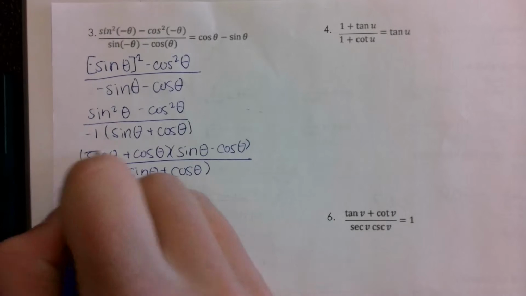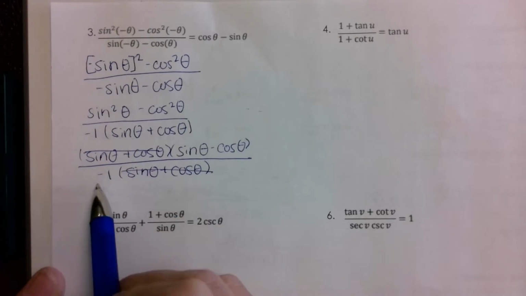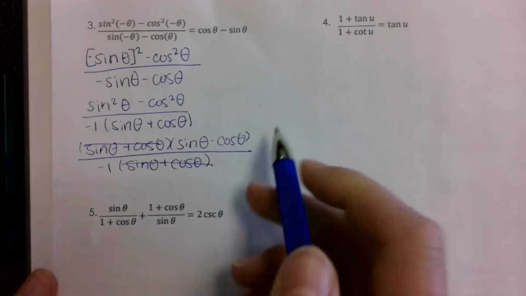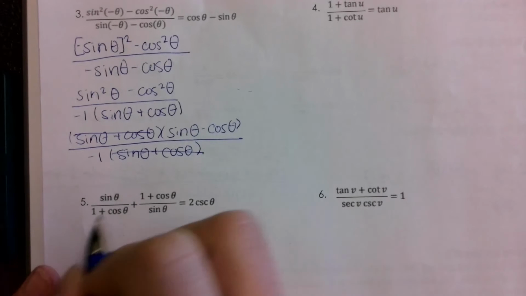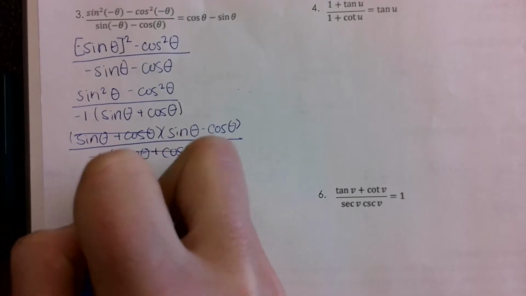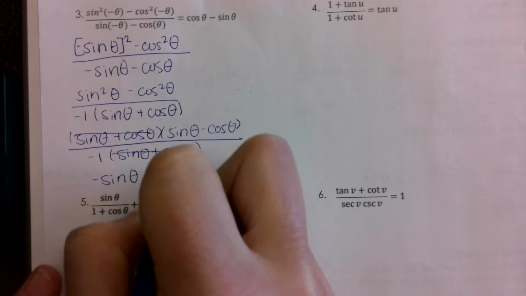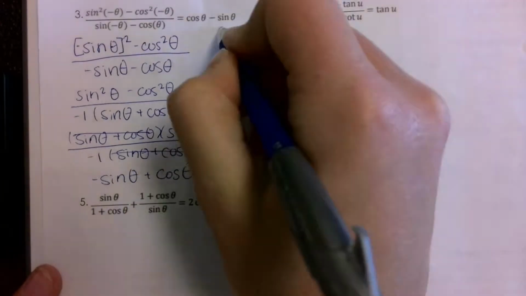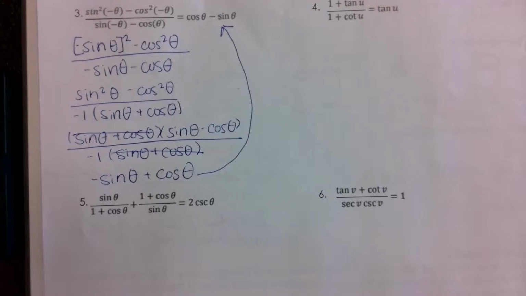So that goes away, and we've just got -1 times sine minus cosine. So you could say negative sine plus cosine, which is the same thing as cosine minus sine, which is what we were trying to prove in the first place. Is that all right? Do we have questions?